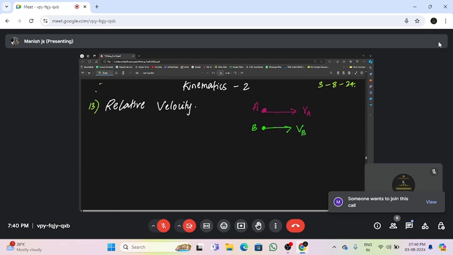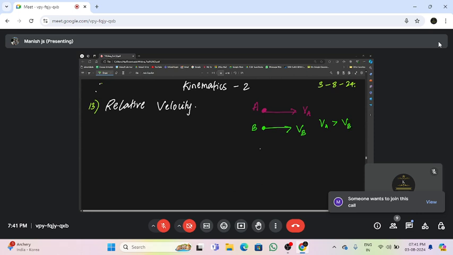We can call it VB. So here we have two different objects moving with velocities VA and VB, wherein one of them is greater than the other. Let me assume that the velocity of A is greater than the velocity of B.